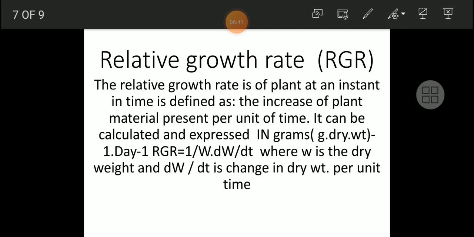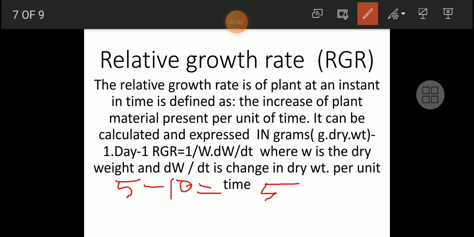Relative growth rate. Already I have told you how to calculate the relative growth rate. Suppose I will put two examples before you. Initial size of leaf is 5 centimeter square, that increased up to 10 centimeter square, isn't it? So 5 is the absolute growth rate.